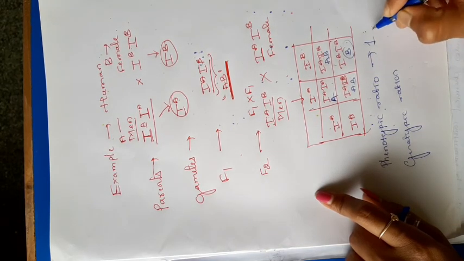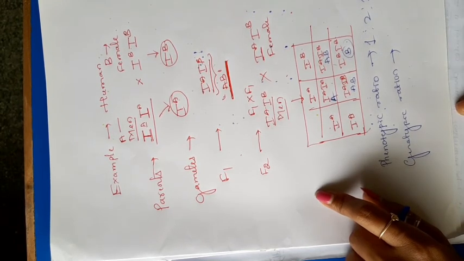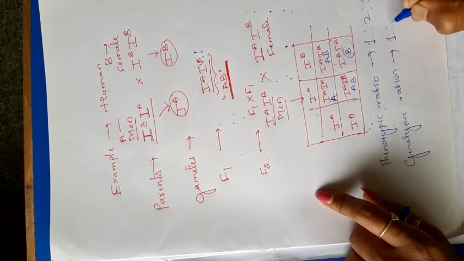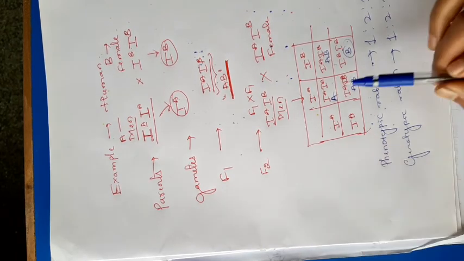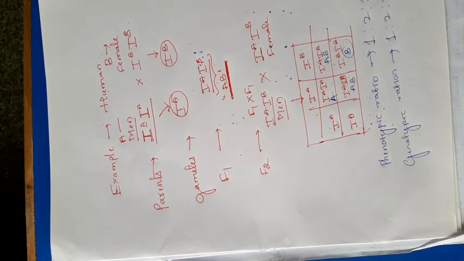You can write 1:2:1. Then the genotypic ratio is the same 1:2:1, because a single individual has homozygous IA alleles, two individuals have both the alleles, that is codominant alleles, and another individual has the B blood group with the homozygous IB condition.